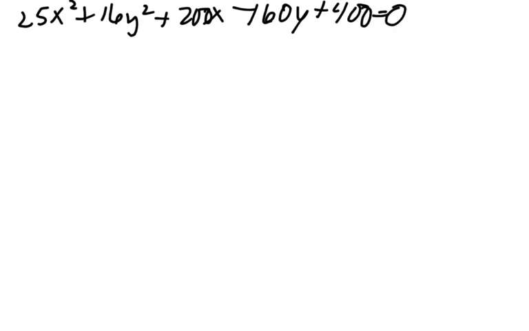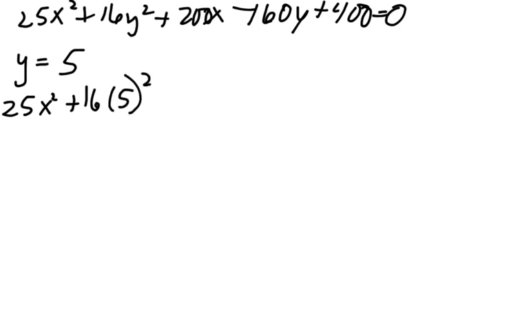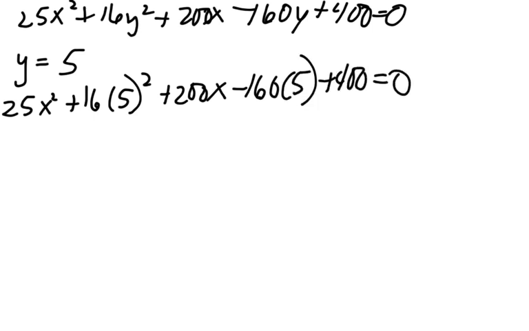So if I plug a y equal to 5 in here, then that's going to give me 25x squared plus 200x equals, let's see, these are going to add up to 0.